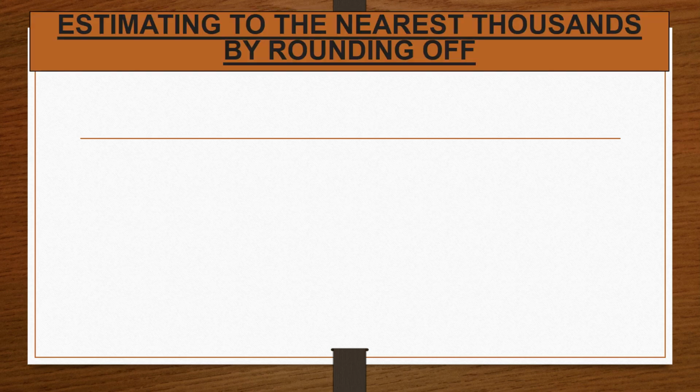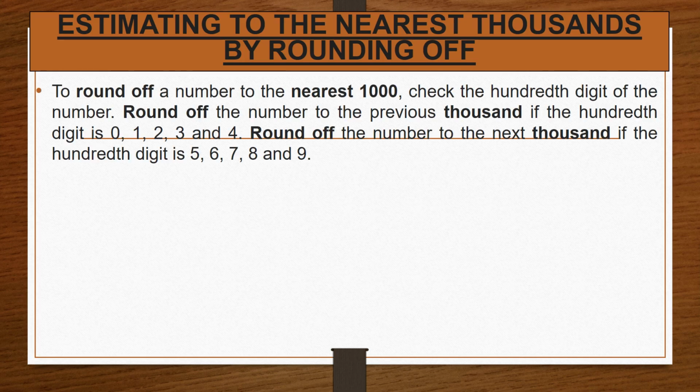So our next topic is estimating to the nearest thousands by rounding off. To round off a number to the nearest thousand, check the 100th digit of the number. Round off the number to the previous thousand if the 100th digit is 0, 1, 2, 3 and 4.